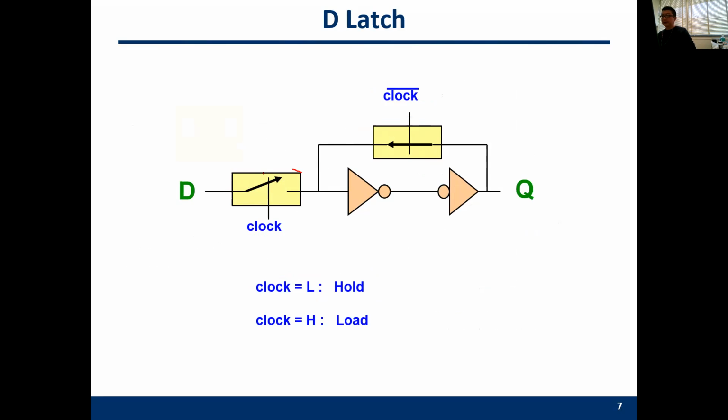What if the clock is high? When the clock is high, this is closed. This is open. So these two are not connected, and we only have two inverters connected like this.